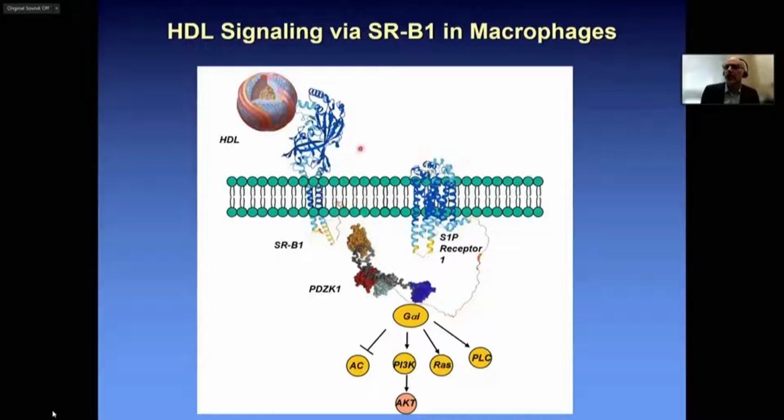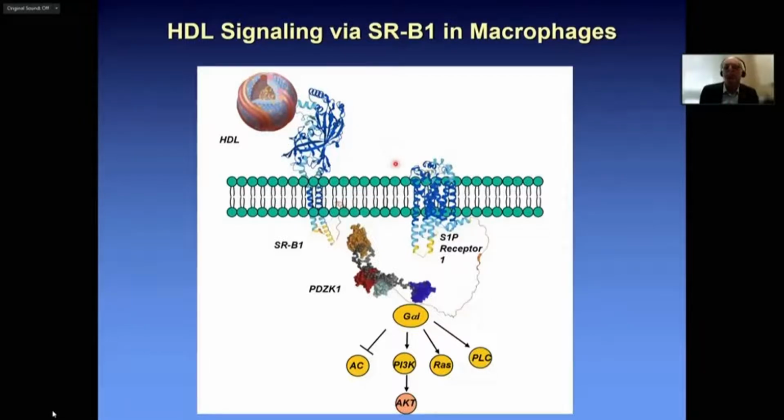Now, we're also interested in this signaling pathway in other cell types, and in particular in cardiomyocytes. That's because evidence over the past decade or decade and a half has shown that HDL can have direct effects on the heart itself.